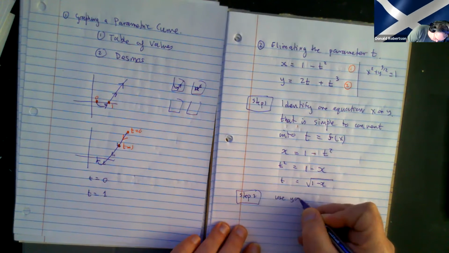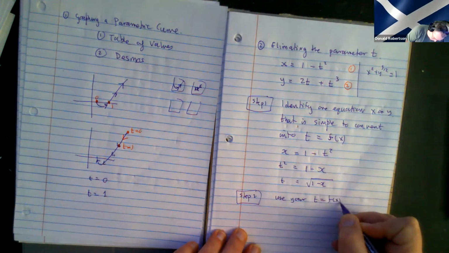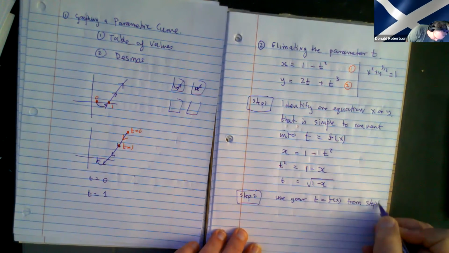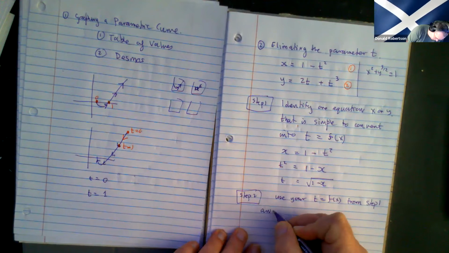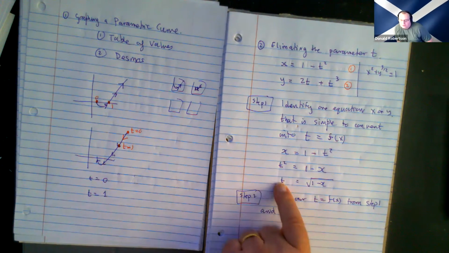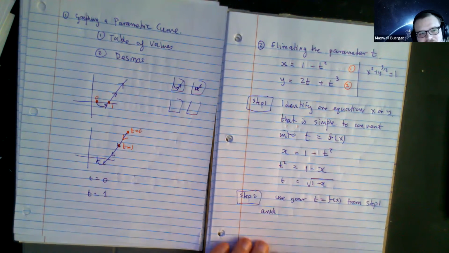Use your t equals f of x guy from step 1. And, well, what do you think I'm going to do with it? I've got t equals the square root of 1 minus x. What the heck am I going to do with it? Plug it back into the second equation. Yeah.